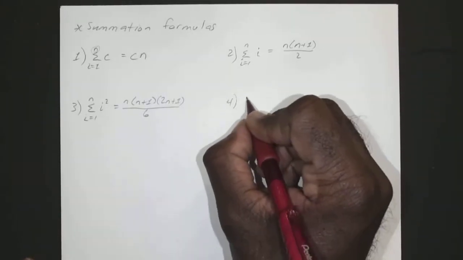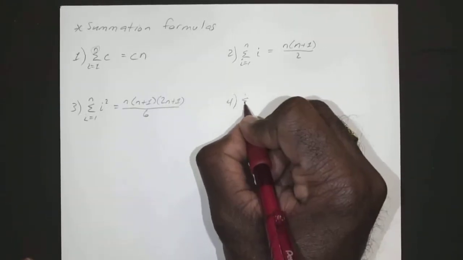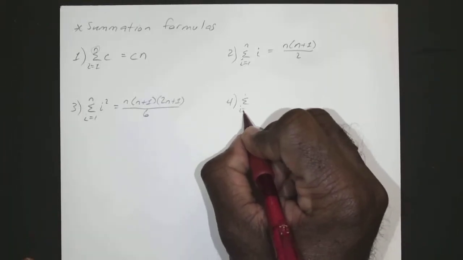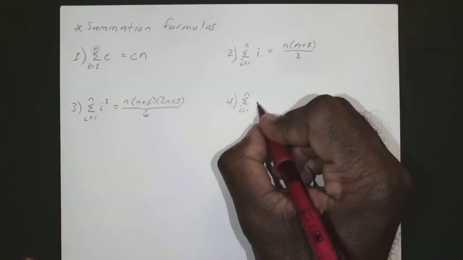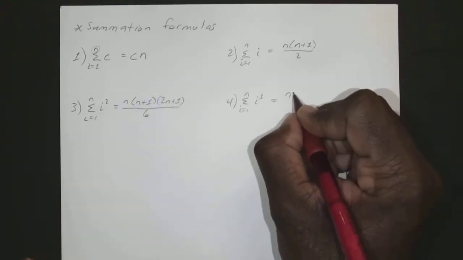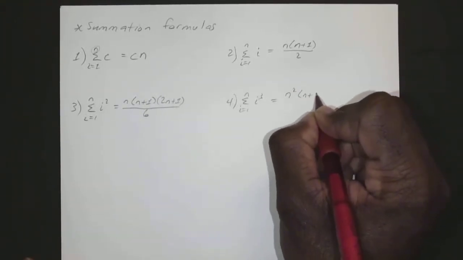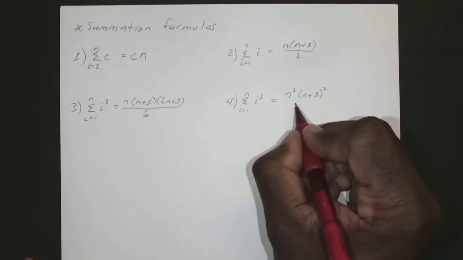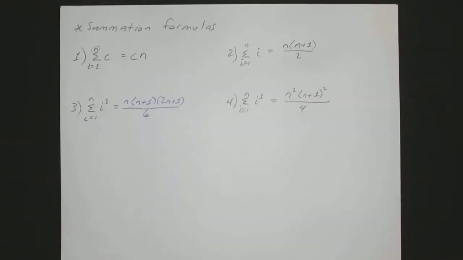And for 4, you have the summation from i equals 1 to n of i to the third power. That's going to equal n squared times n plus 1 squared divided by 4.